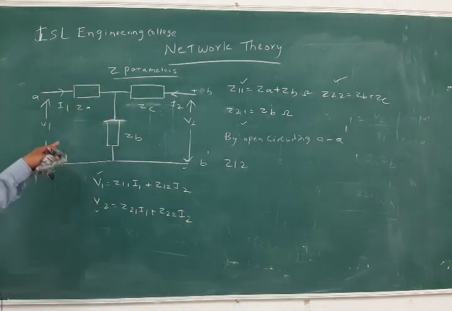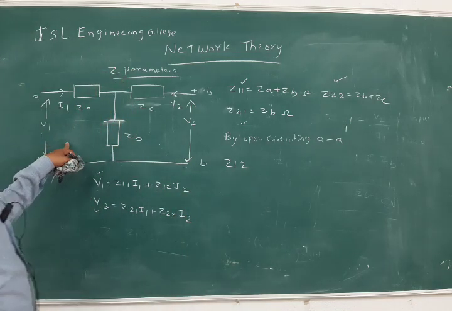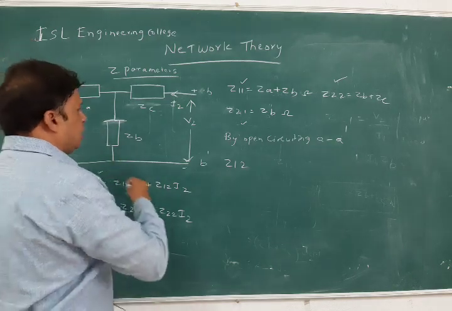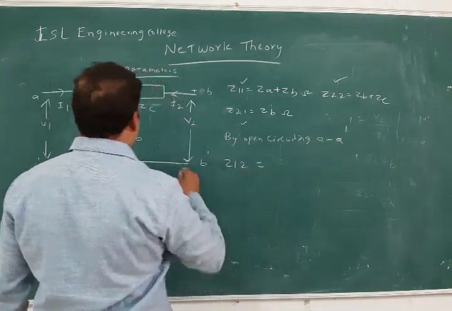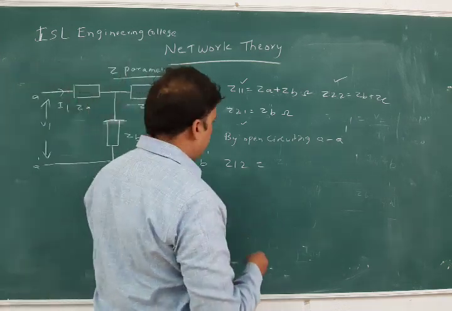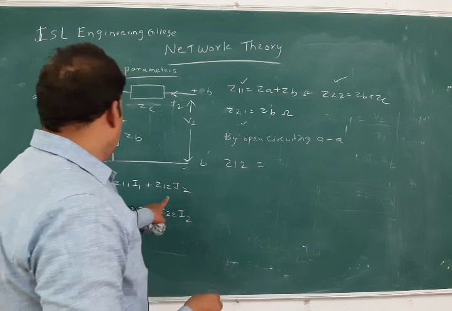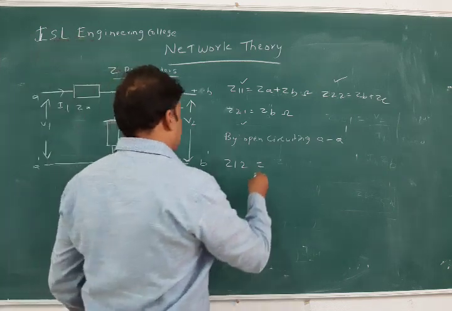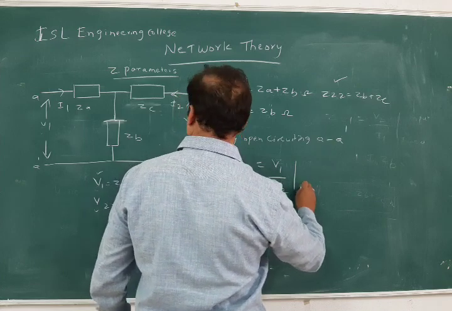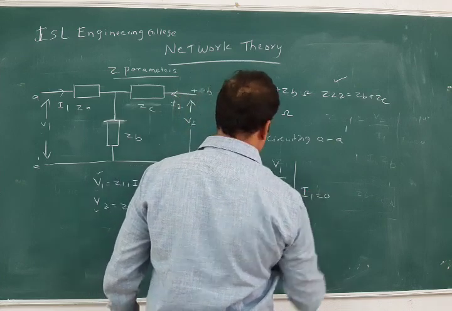From this circuit, it is open circuited, we are not having this particular side of the network. So what is the formula for Z12? Z12 is equal to V1 by I2 at I1 equal to 0.